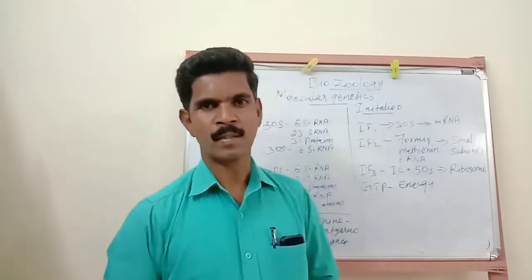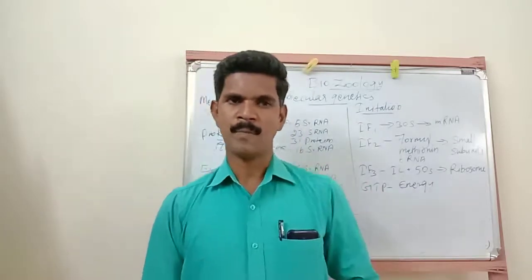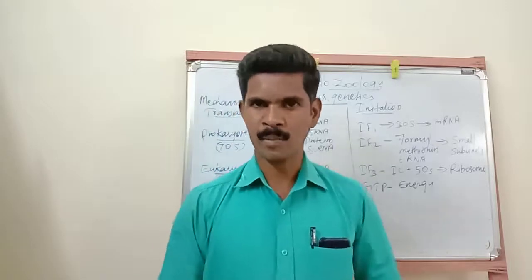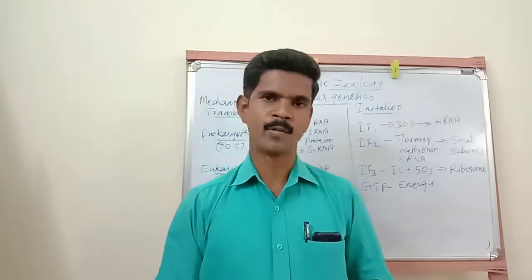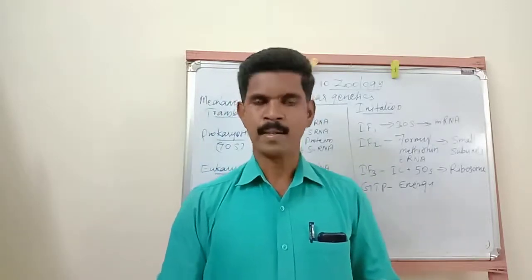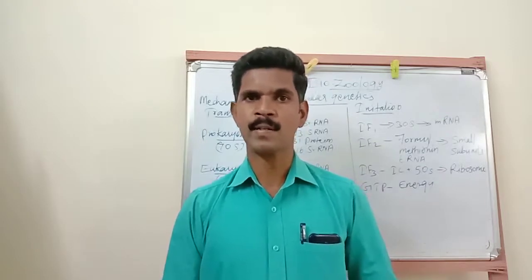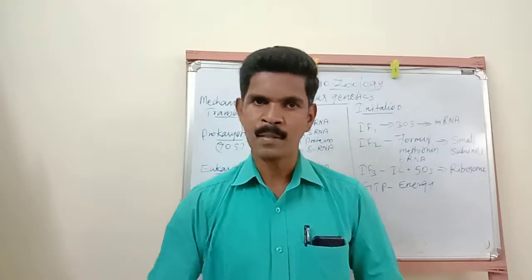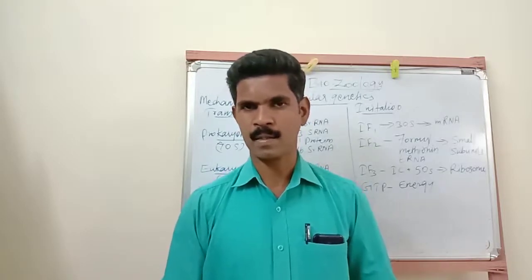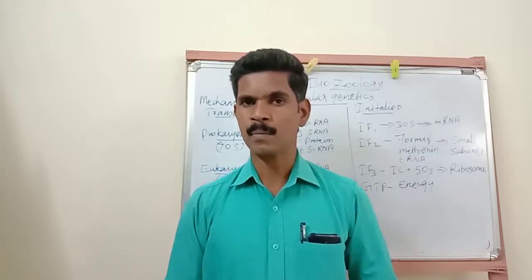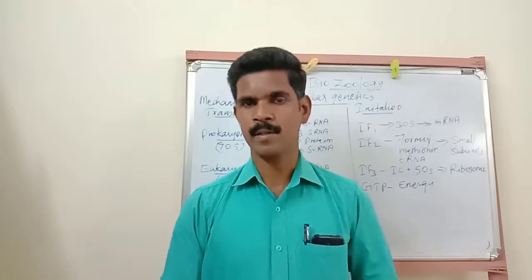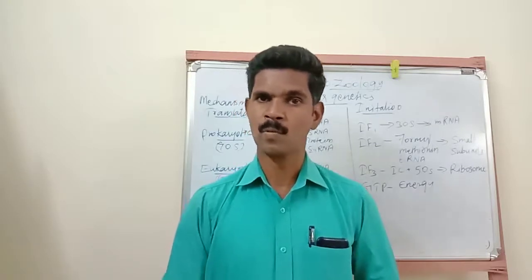Okay, dear students, in the last class we studied one important 5-mark question, the characters of genetic code. Genetic code means it's a language. By using this language only, the genetic information is written in the genetic materials. We studied some important characters of this genetic code, and totally 64 codons are there.